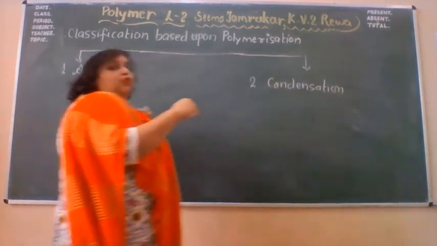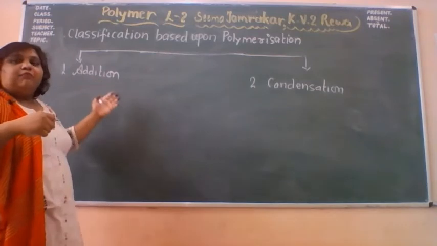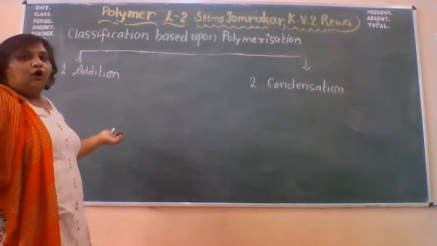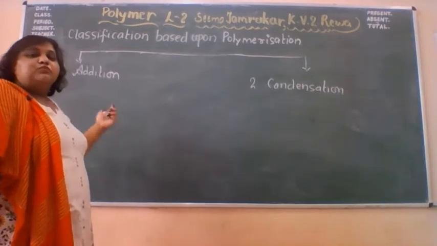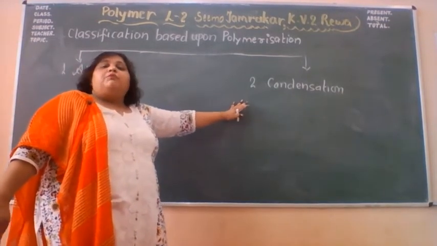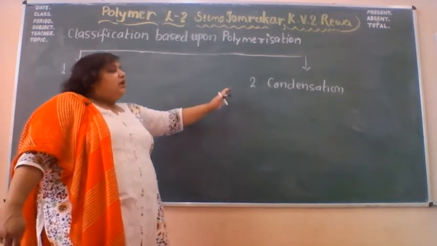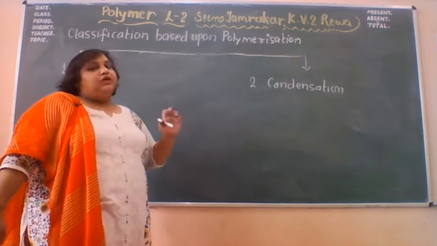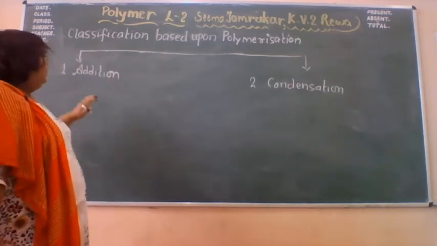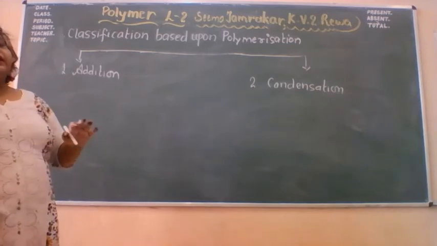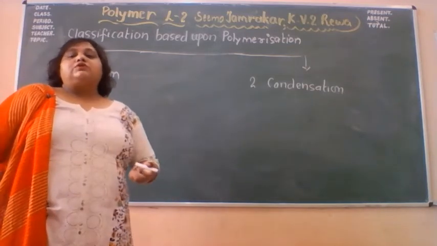Addition: when monomer units are combined together without the loss of any atom or any small unit. Condensation: when monomer units combine in such a way that an elimination reaction takes place, and a small molecule is eliminated. Here the formation of the polymers is a chain process.